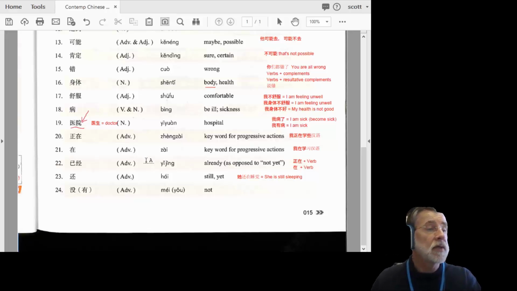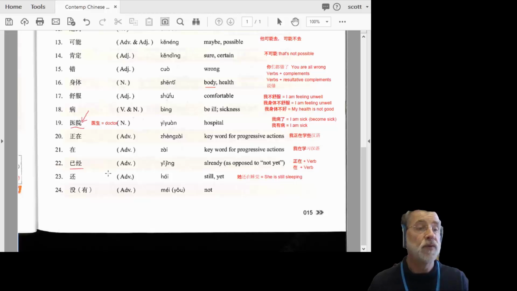I need to go back up to this one up here. This is a really important one. 已经. So this is in a way the opposite of 还, and as it says there, it means already. 已经. And because it's an adverb, it's always placed before the verb.